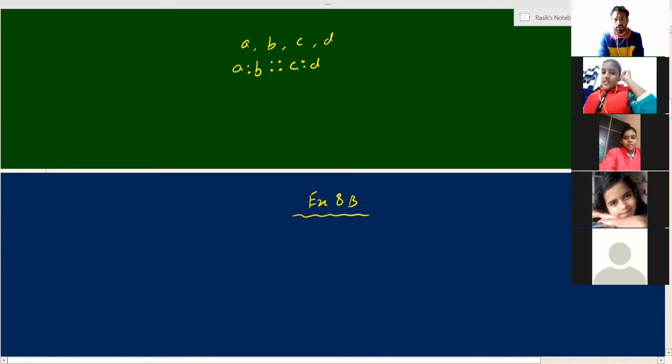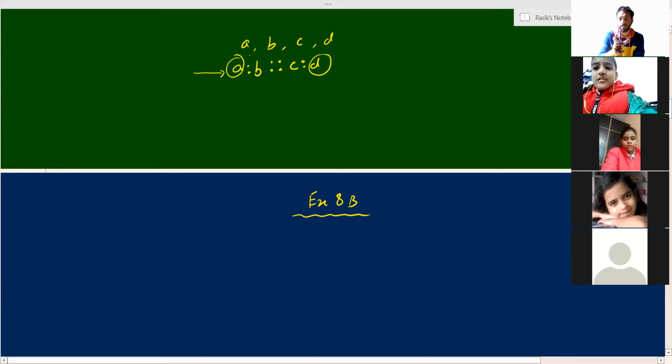When four numbers are in proportion, this is the symbol for proportionality, four dots like this. So when four numbers are in proportion, then the product of extremes equals the product of means. Extremes means the numbers which are coming in the corners, at the starting and at the end.